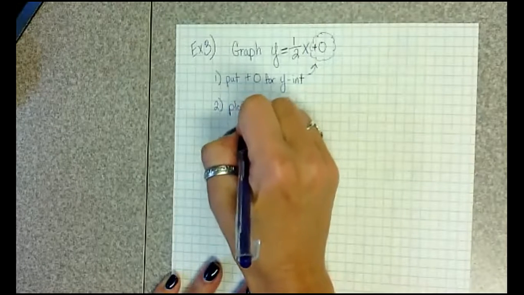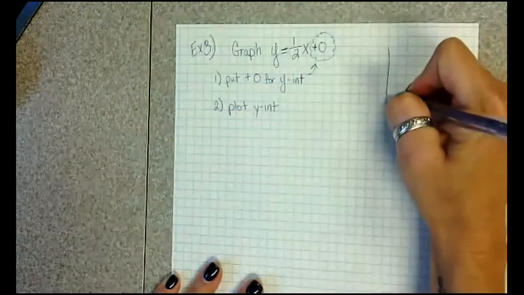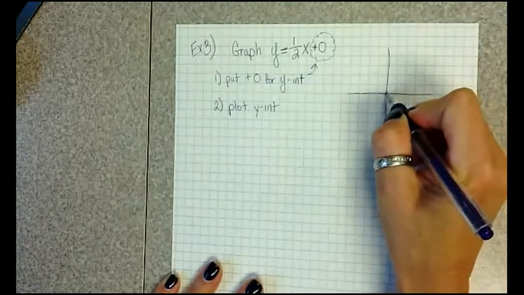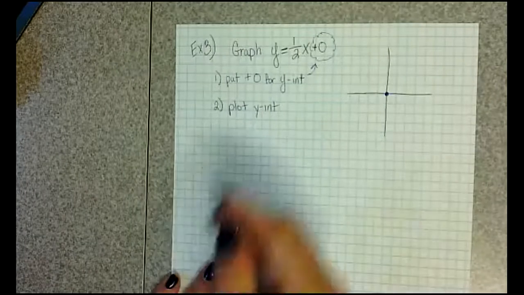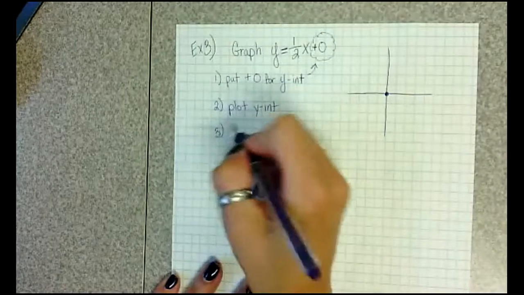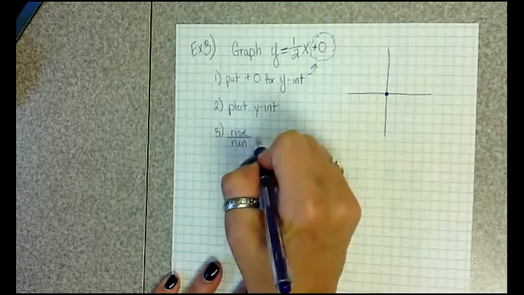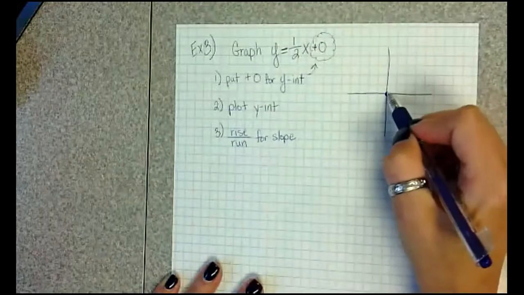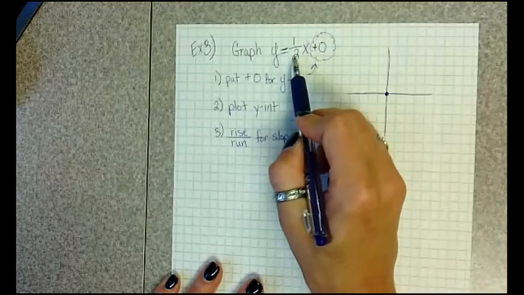Then we'll plot our y-intercept first. Should be pretty easy to find for 0. Right there. Then we rise over run for slope. From that point, our rise is 1, our run is 2.